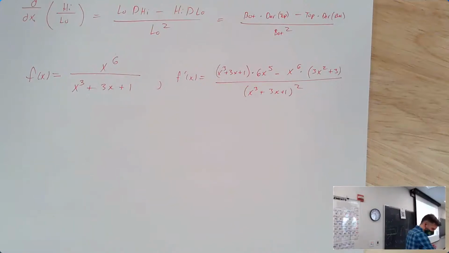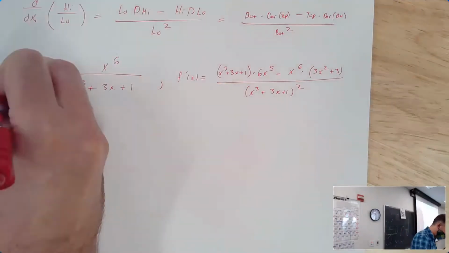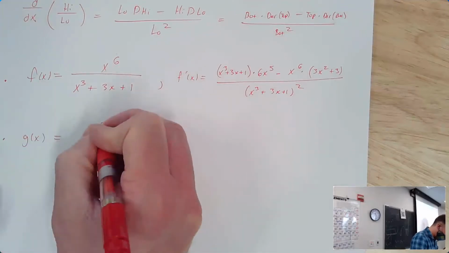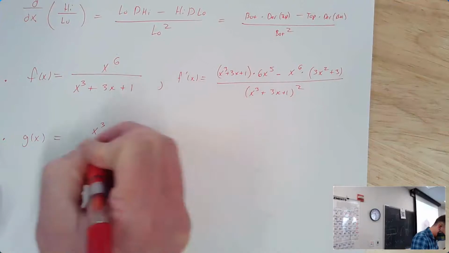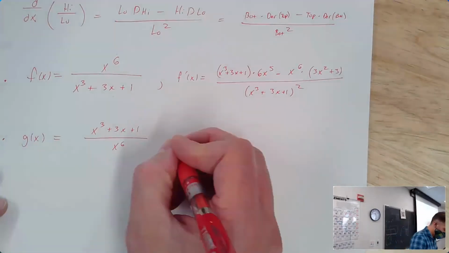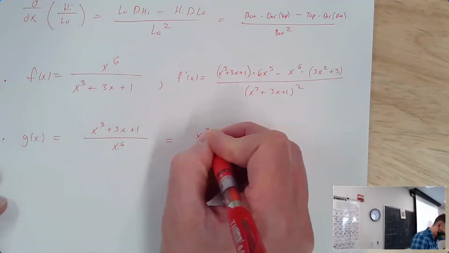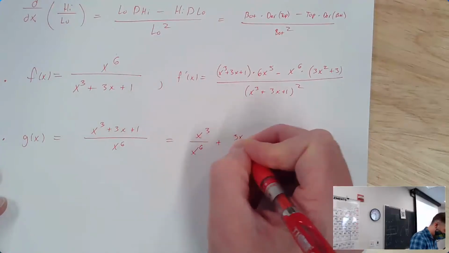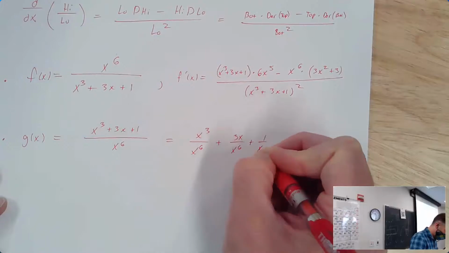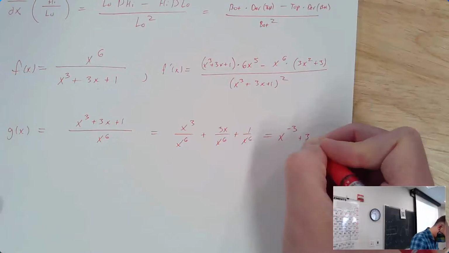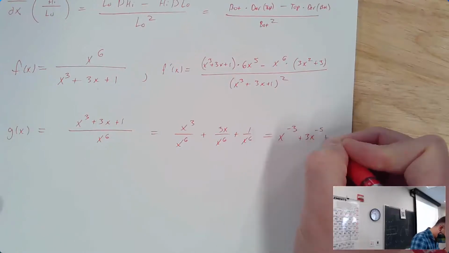On the other hand, if we were differentiating the reciprocal of this, x cubed plus 3x plus 1 over x to the 6th, while you certainly could use the quotient rule, I think it's a better idea to just simplify this first as x cubed over x to the 6th plus 3x over x to the 6th plus 1 over x to the 6th, which is then x to the negative 3rd plus 3x to the negative 5th plus x to the negative 6th.